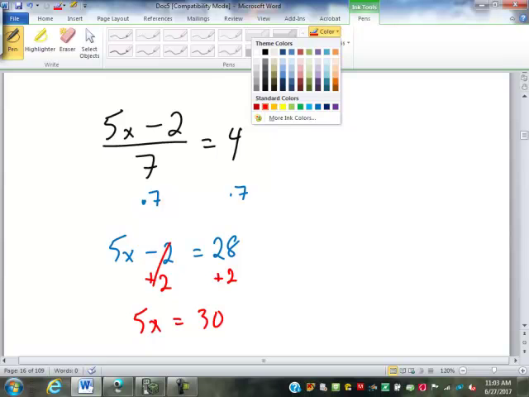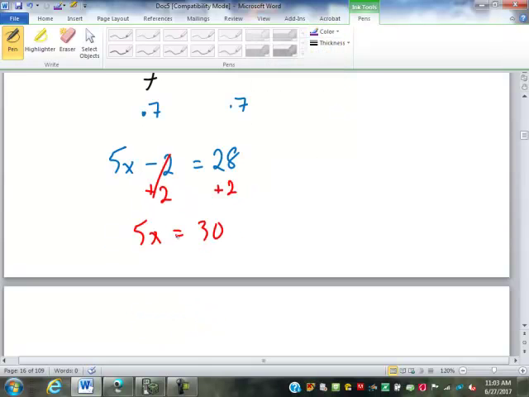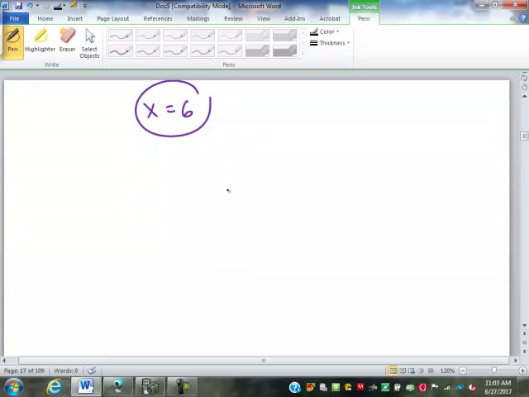Okay, and then next? Divide by 5. X equals 6. Good. Any questions on that one? I'm just writing that down. Well, hopefully the shock will wear off after you get a few of them right.